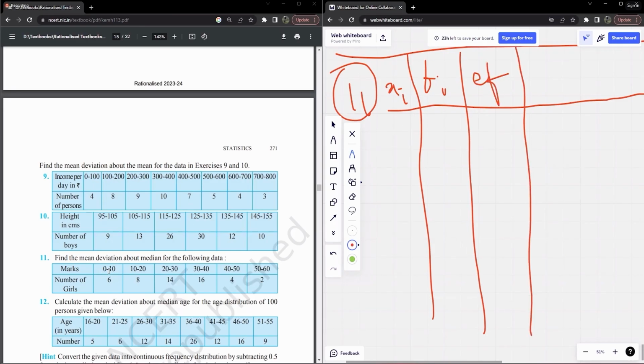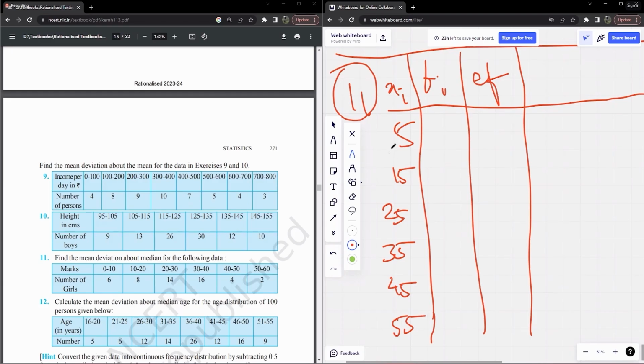First things first, look at the class sizes. They are all similar, so I can go ahead with writing the Xi's. This is going to be 5, then 15, 25, 35, 45, and 55. That's it, 6 classes.